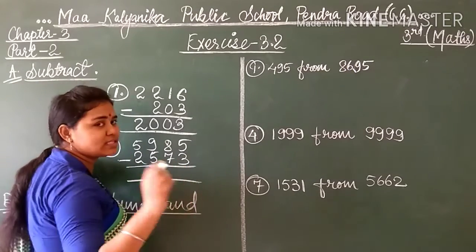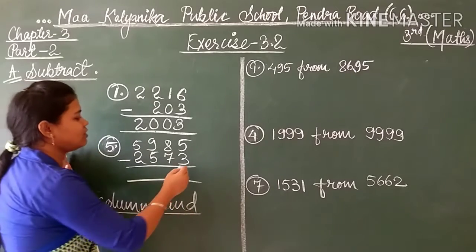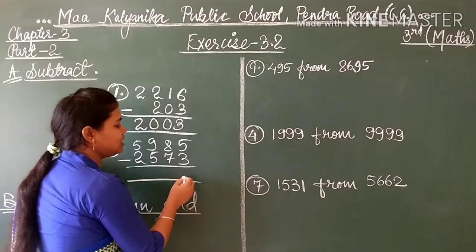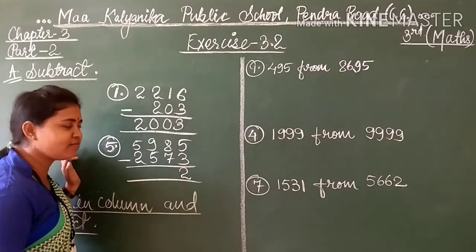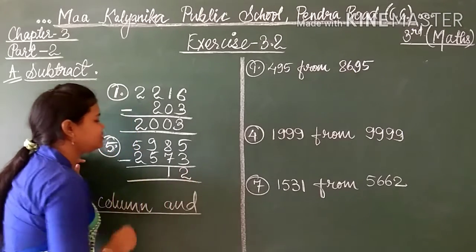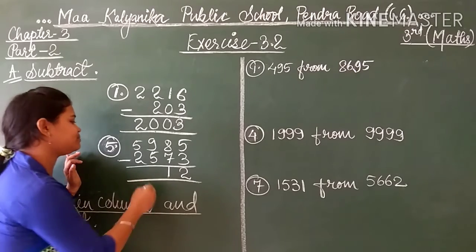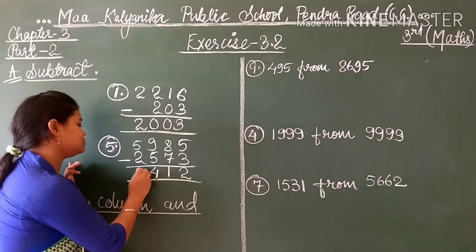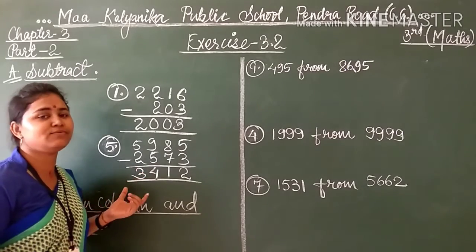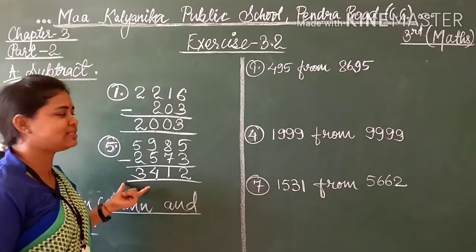Okay students, now move to question number 5. You can see from your book, question number 5 I am solving here. 5 minus 3, 2. 8 minus 7, 1. 9 minus 5, 4. And 5 minus 2, 3. This is very easy for you because borrow is not given in this question.